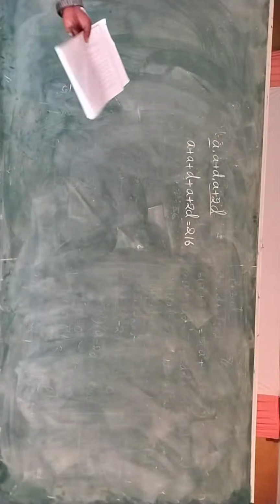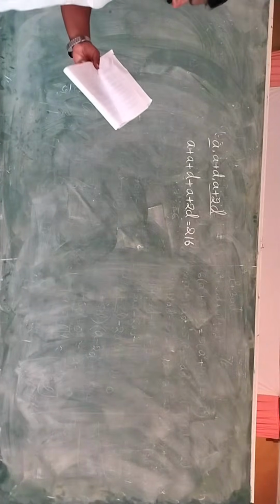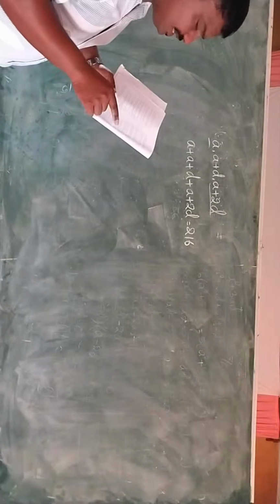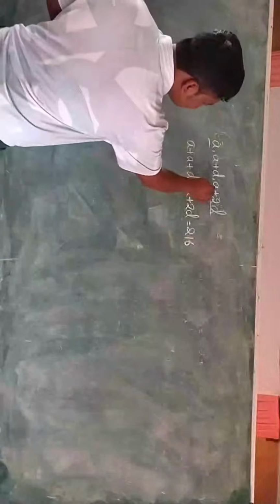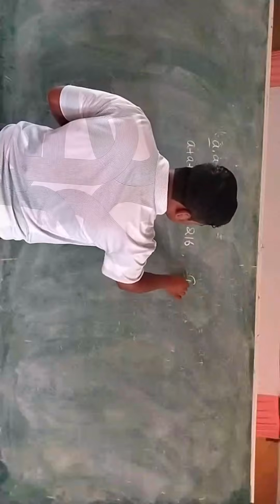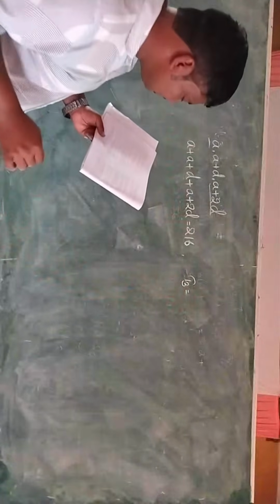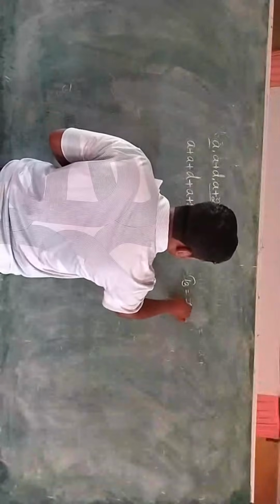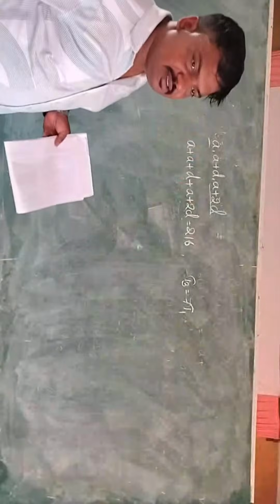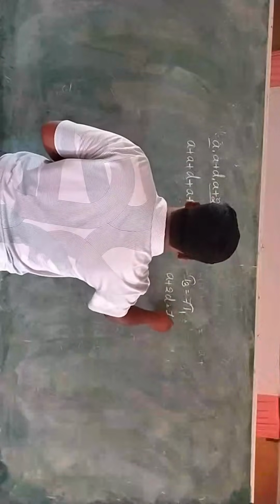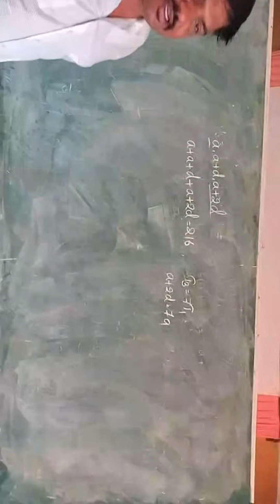And one more condition they mentioned: the biggest number, which is a plus 2d, the third term, is 7 times the smallest number, 7 times the first number. So a plus 2d is equal to 7 times a.